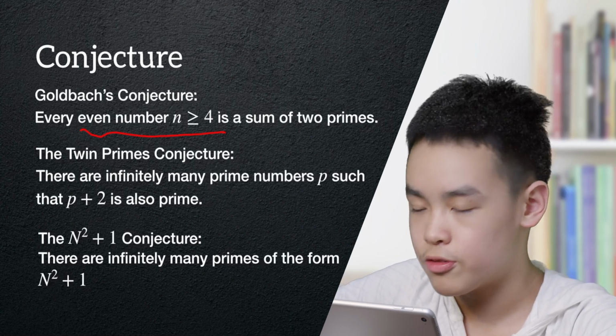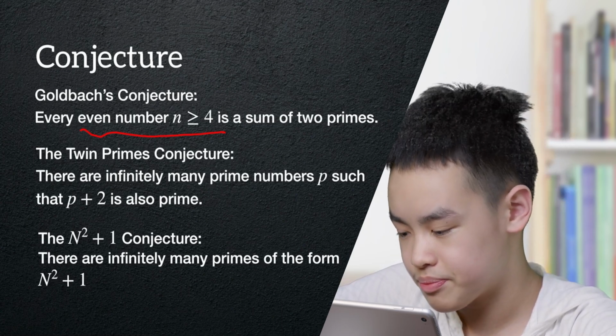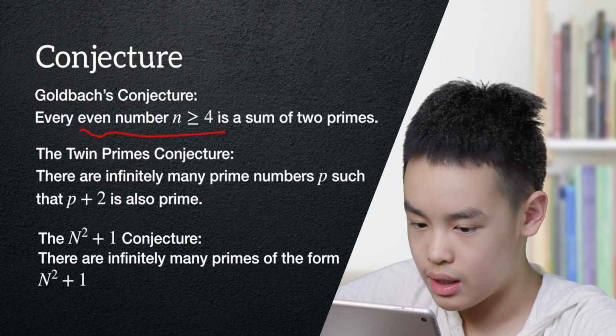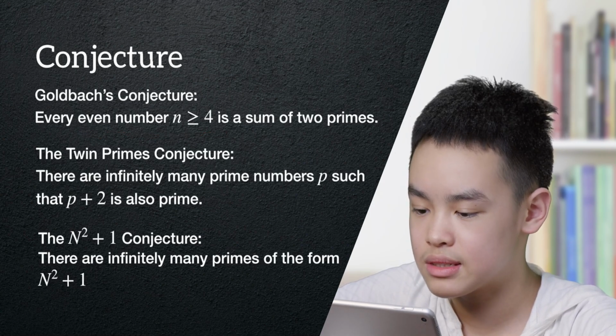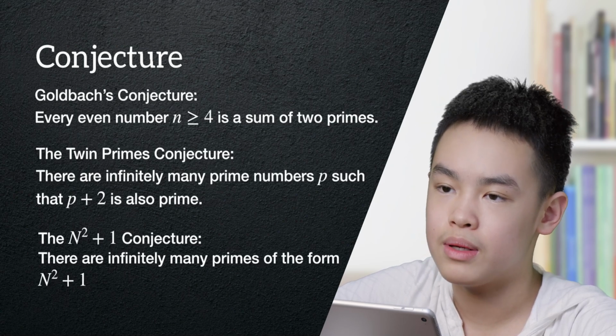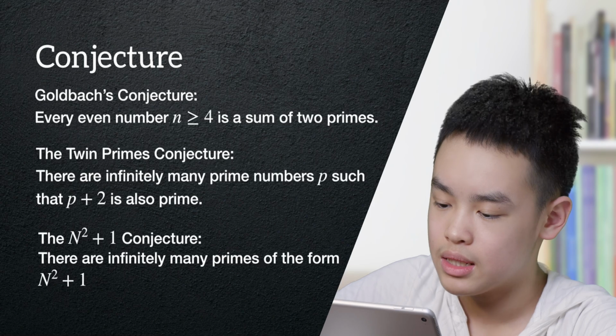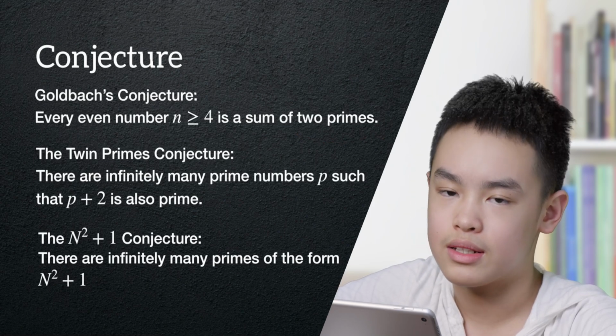For example, 4 itself, 2 plus 2, 3 plus 3, 6. And the closest we've ever come to proving this is the sum of 1 prime and 2 other numbers, but not just 2 primes. So it's actually very hard to prove.